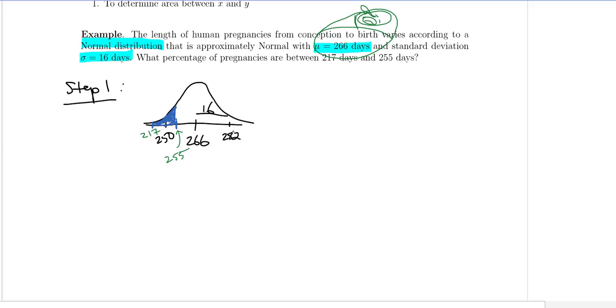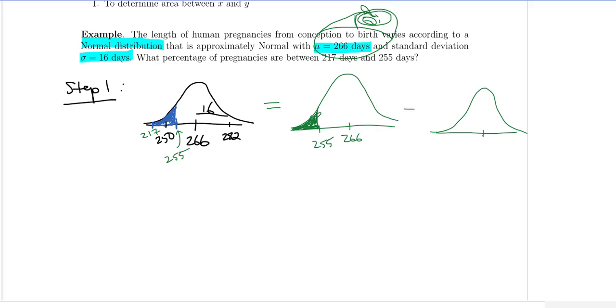Alright, so the way to approach this is to find the cumulative proportions at 255 and 217 and subtract one from the other, okay? So we can think of this as, here is my normal distribution, this is 266, this is 255, here's the CP, or cumulative proportion, minus the normal distribution.